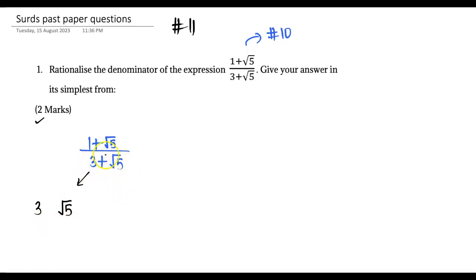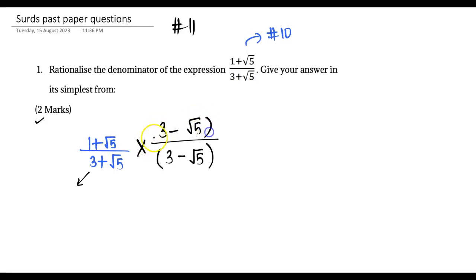If it's the sum of the terms, we take the difference of the terms. Now we multiply and divide by the same thing. I took whatever was at the bottom because we have to remove any surd from the bottom. We take the terms 3 and root 5, and go opposite to what is being done. It was a sum, so we took the difference.